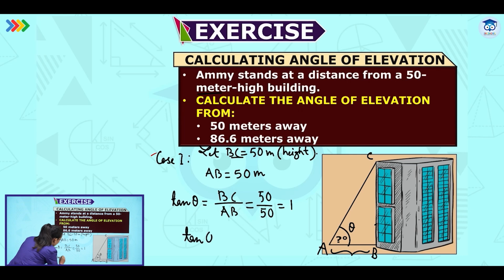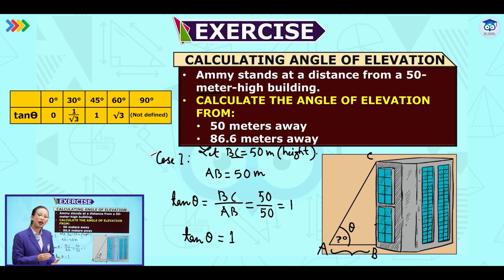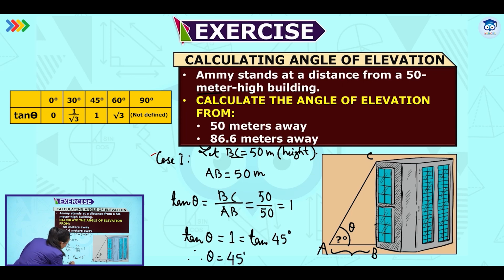So tan theta is equal to 1. Now we know tan 45 is equal to 1, right? So tan theta is equal to tan 45 degrees. Therefore, theta is equal to 45. So in the first case, we have the theta value as 45 degrees.